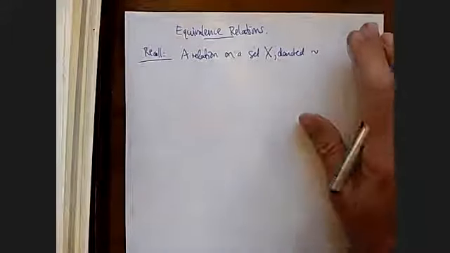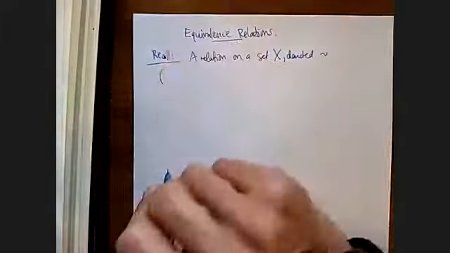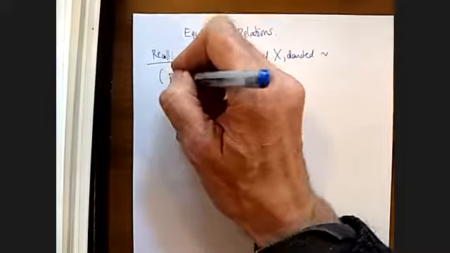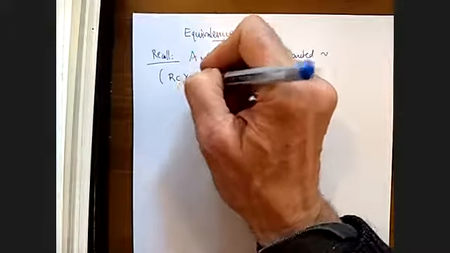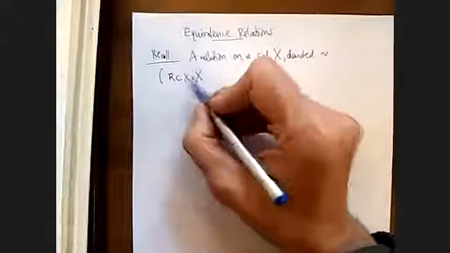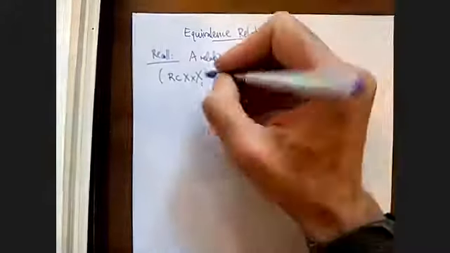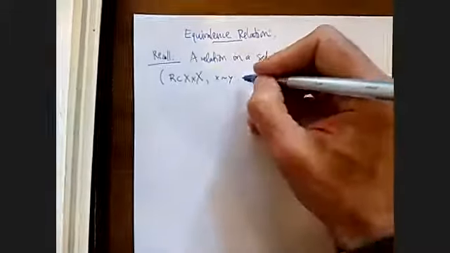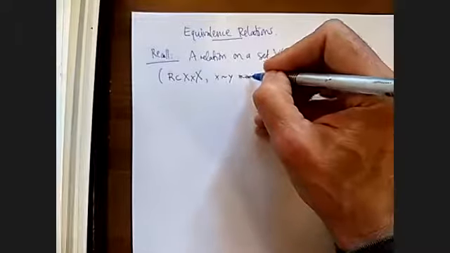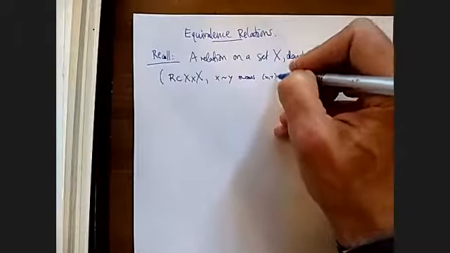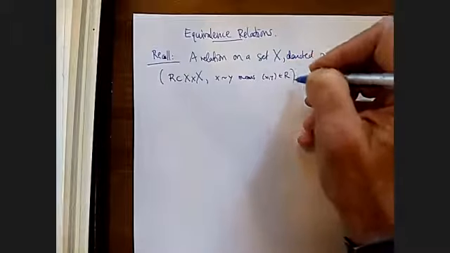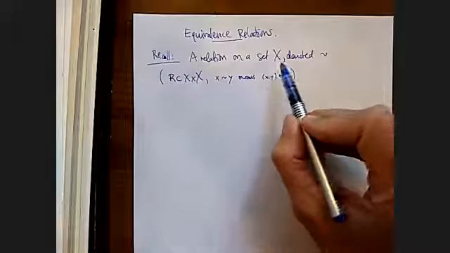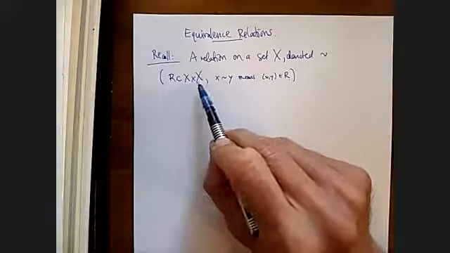First of all, the relation is technically a subset of pairs. So R is a subset of the product of X with itself, and we say X is in the relation to Y means that the pair XY is in the subset R. It is just technically to make sense of what it means to have a relation on a set. It's actually just a subset of X cross X.